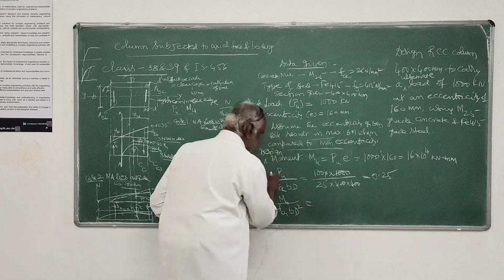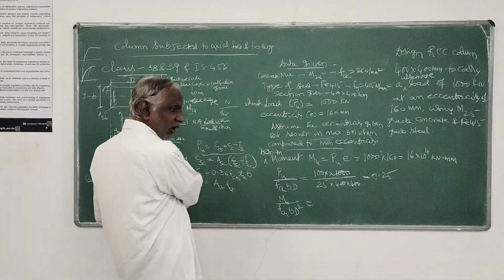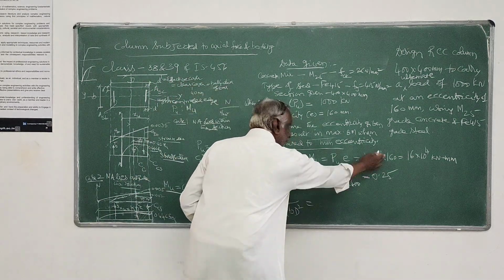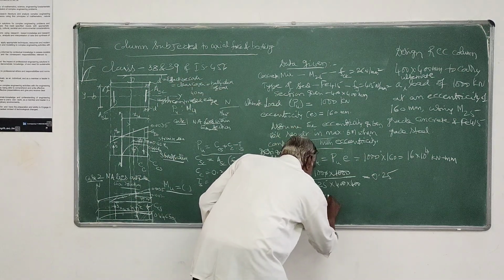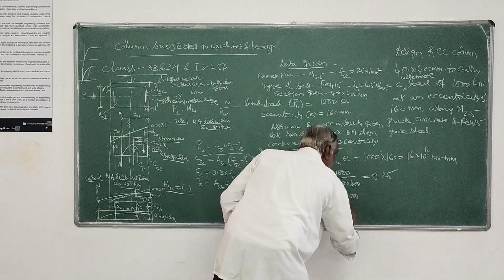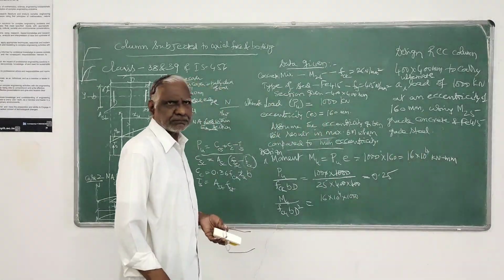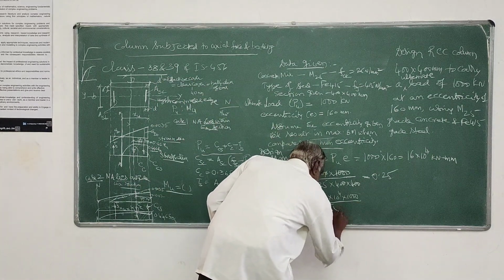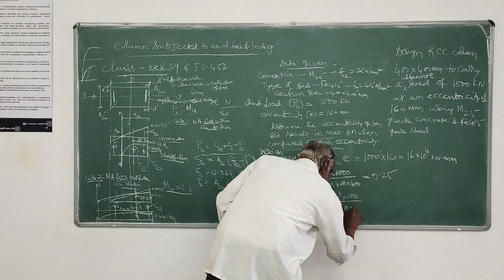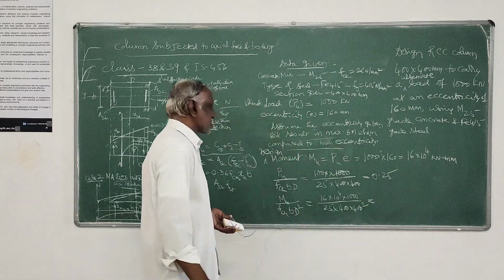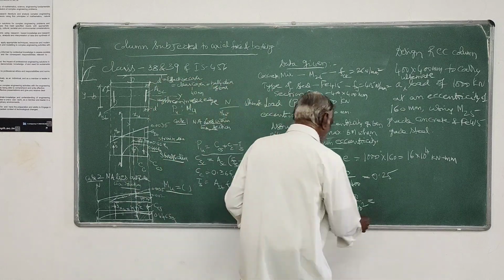It is non-dimensional, which I have already told how to develop that interaction diagram. So Mu we have calculated 16 into 10 to the power of 4 into 1000 Newton millimeter, divided by 25 into 400 into 400 square. This comes to 0.1.